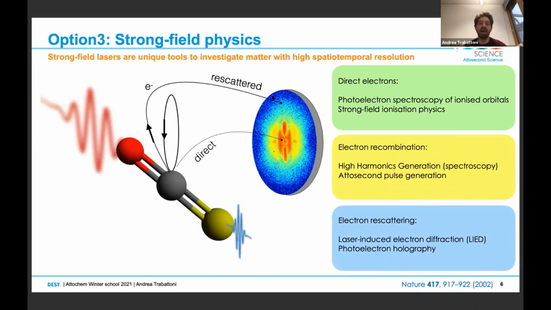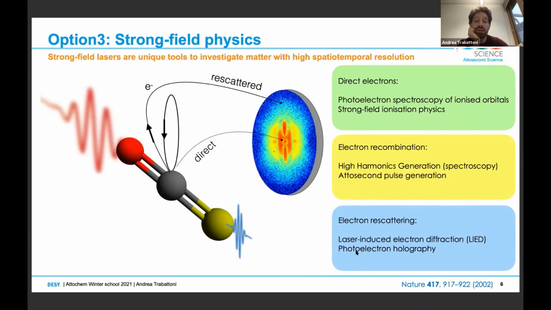And these high energy electrons contain, through the rescattering, a coherent diffraction pattern of your target. So you can really do diffraction, and this process was called laser-induced electron diffraction. But you can also have interference between direct and rescattered electrons, and you can have holography. I'll try to give you some hints about holography at the end of this lecture.